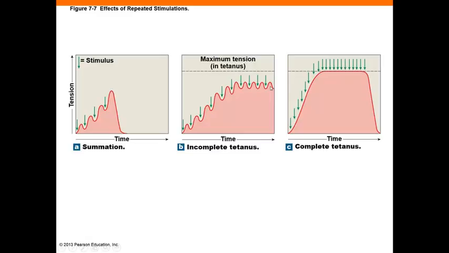This is what a normal muscle contraction will look like to achieve normal muscle coordination. And then during complete tetanus, over here at C, the stimulation frequency is so high that the relaxation phase is completely eliminated. And so the tension is going to plateau at a maximum level.